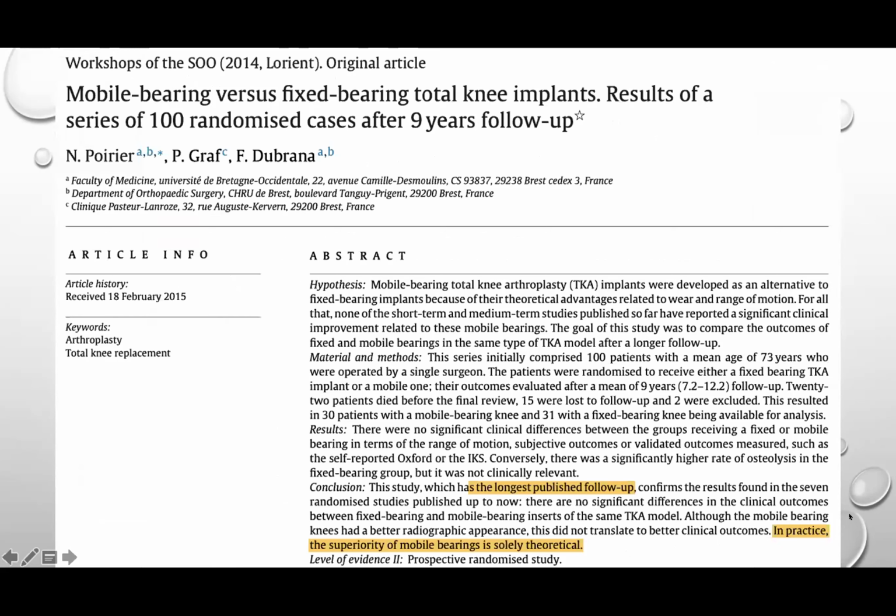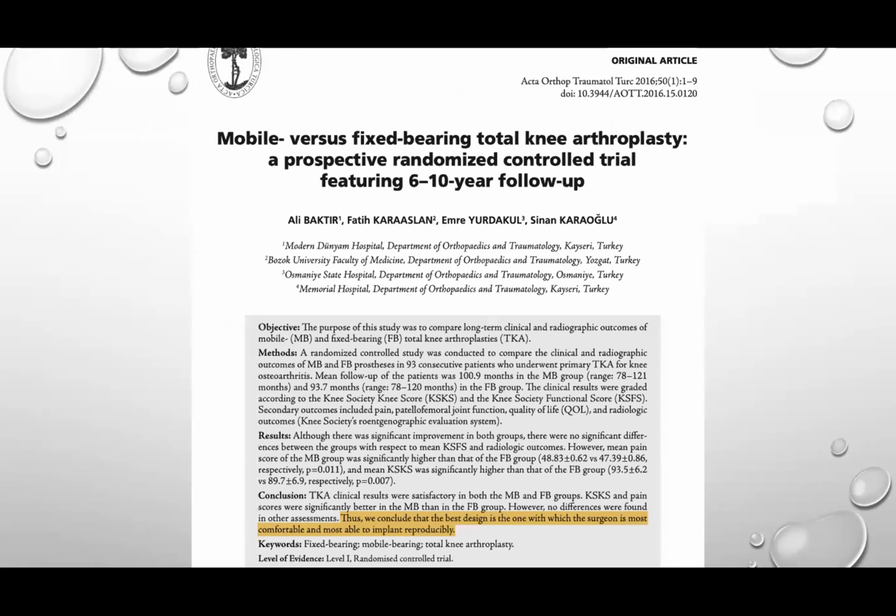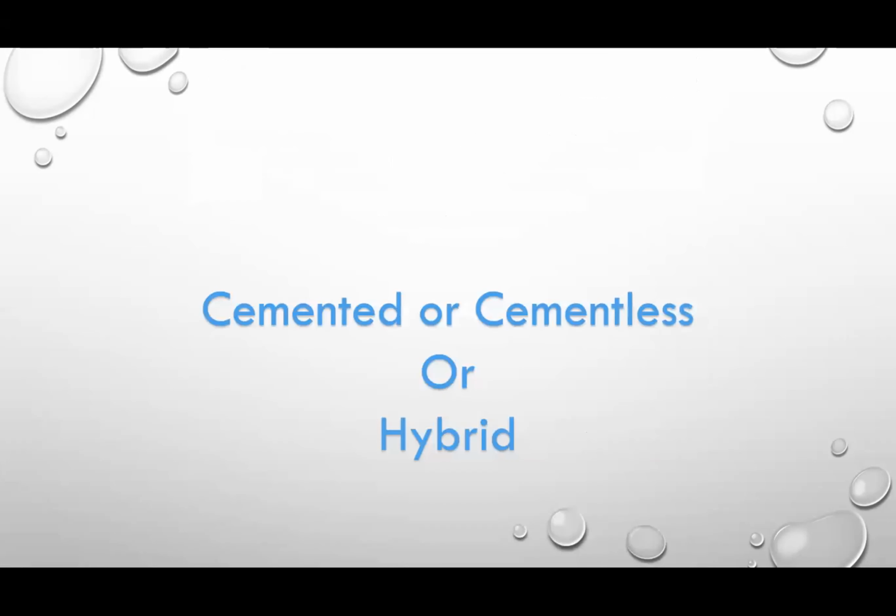This is the longest published follow-up, and in practice, the superiority of mobile bearing implants is solely theoretical. Again, another 6 to 10 years follow-up of a prospective RCT showed the same thing, and they concluded that the best design is the one that the surgeon is most comfortable with and most able to implant reproducibly.